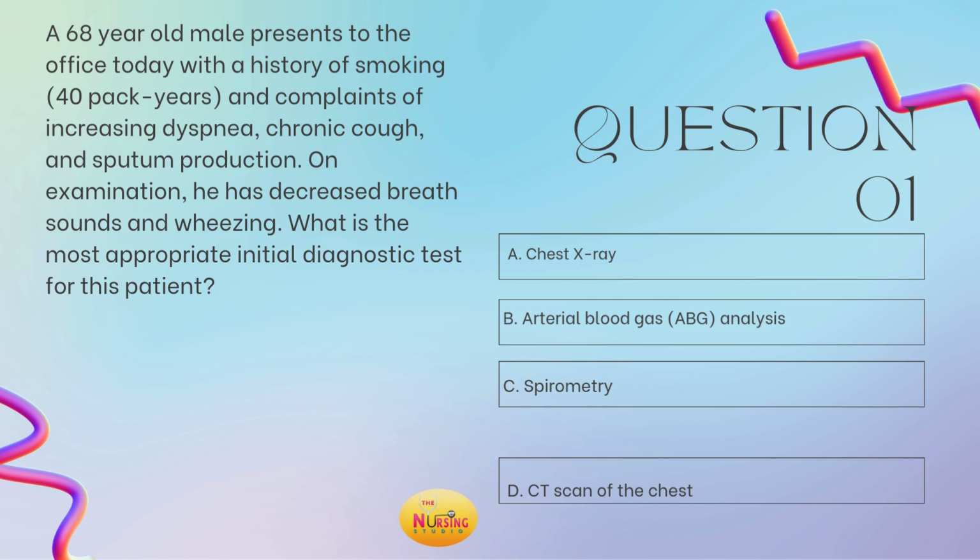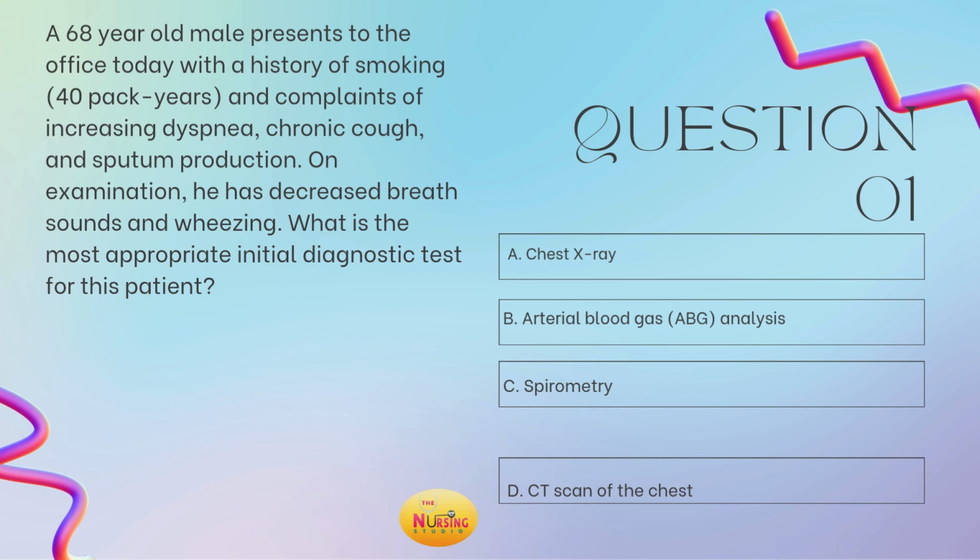All right, so I always recommend reading the stem of the question first, as it allows you to slow down to ensure you're answering what is being asked of you. So here, the stem of the question states, what is the most appropriate initial diagnostic test for this patient? All right, so if they're asking you anything about a diagnosis, a diagnostic exam, you need to run it back and look at the assessment findings so we can gauge what we're working with and what we're trying to tailor and determine a diagnosis, right?